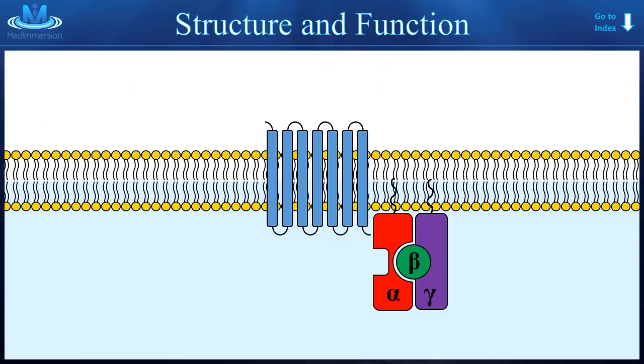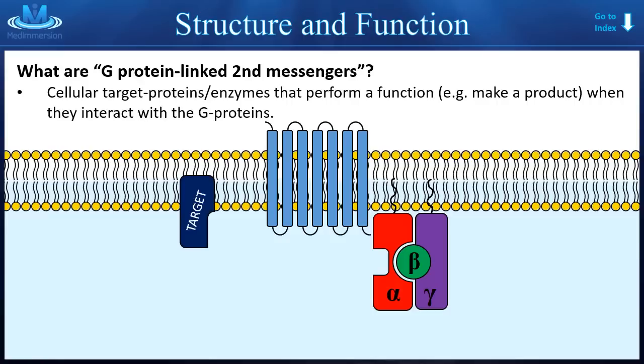What about the term G protein linked second messengers? Well, that's another component of this system, which are cellular target proteins or enzymes that perform some kind of function when they interact with the G proteins that we've already talked about. Now, they are very diverse, but as I said in the beginning, there's two main pathways or two main targets that cause a pathway that you have to understand.